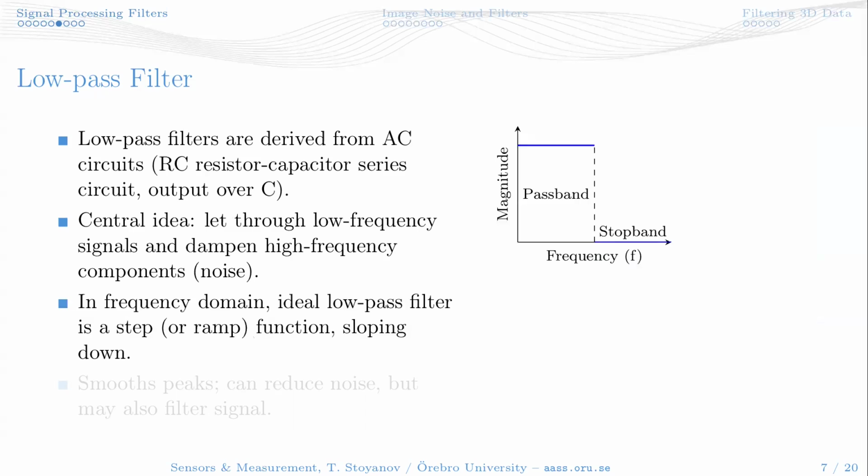In frequency domain, you can think of this filter kernel as looking more or less like this. All right? This is the ideal low-pass filter. You have a certain range up until this frequency, the pass band, and in that range, the filter is passing the frequencies through.